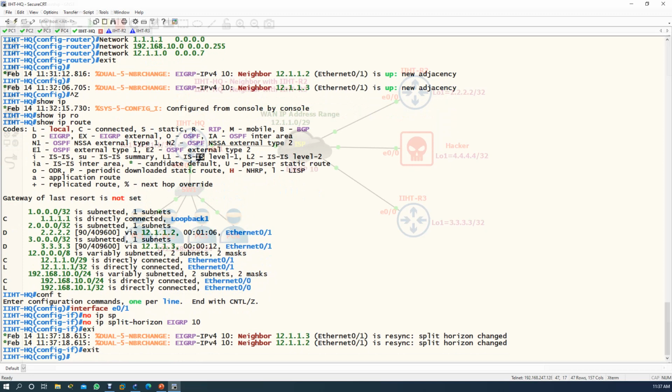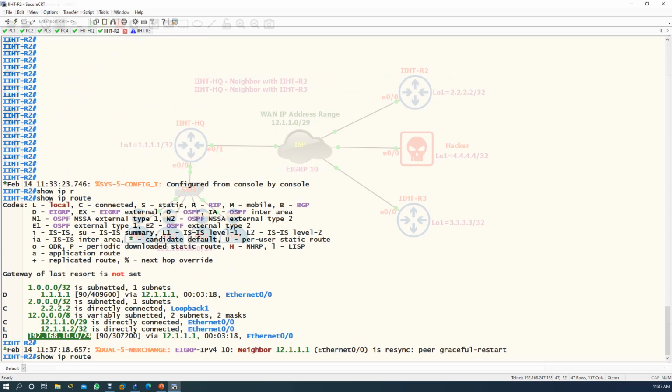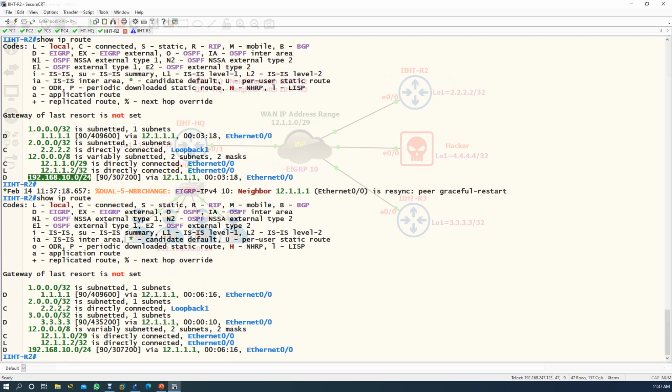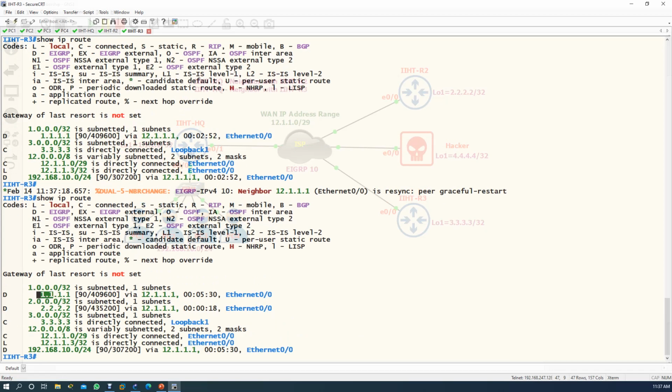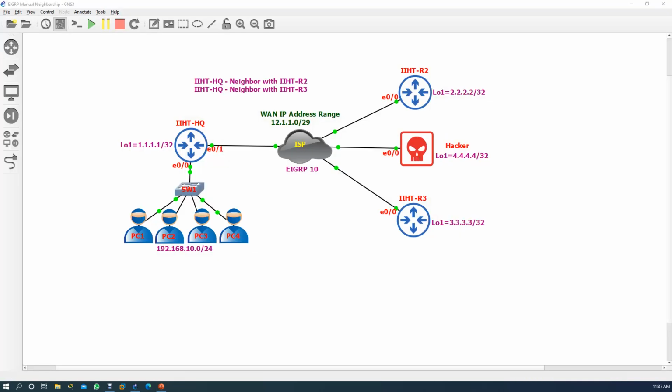Once it is done, it will reconverge. See, split horizon changed, and then if you come on R2, now see, 1, 2, 3 is there. Come here, 1, 2, 3 is there. So this is your EIGRP manual neighborship configuration.